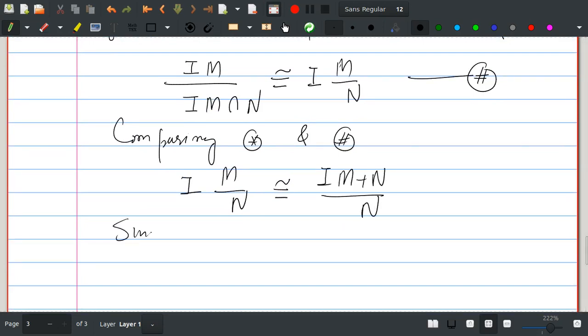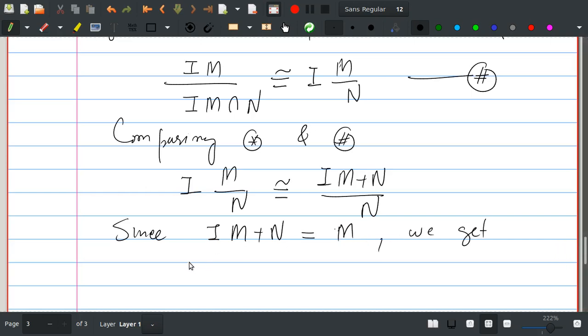So since IM plus N is equal to M, we have I times M mod N is equal to, we have to replace this by M, so this is M mod N. So now we can invoke the Nakayama lemma.